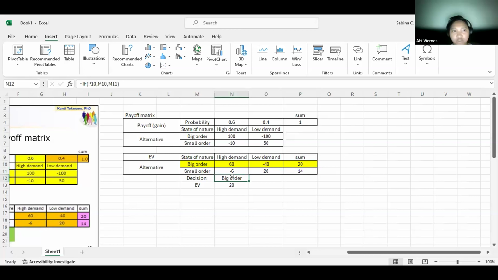For the decision, this is only for two alternatives. What if there are three alternatives? For the EV, I'll just get the maximum of the sum. What if there are three alternatives? How do I do it?